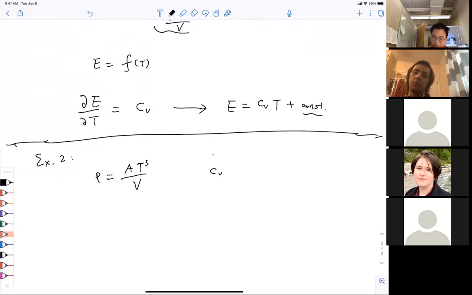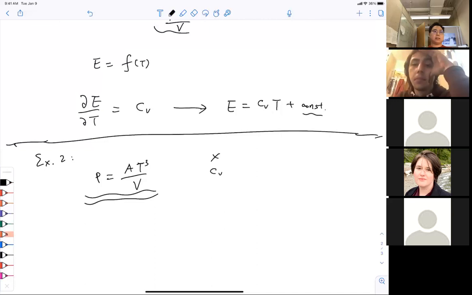If we only know this, that means we can only determine the volume dependence of this energy. It's like being given some partial information; there's no way to get the whole information of this dynamics.